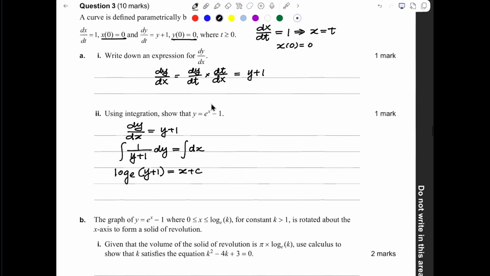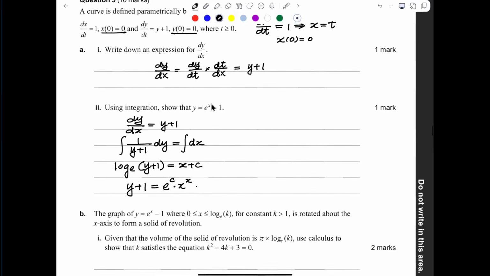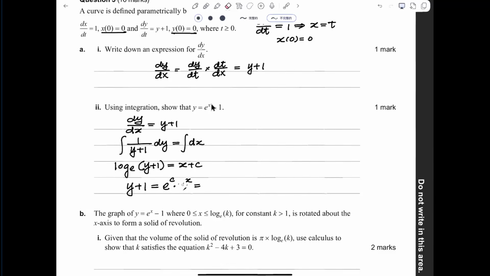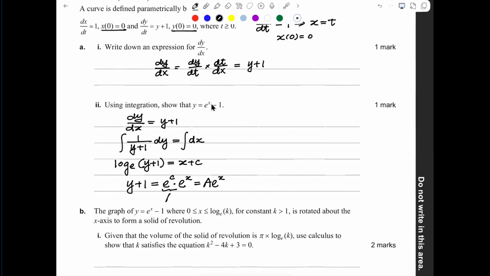However, based on the initial condition, y naught equals 0, when checking that, it's log e of 1, which is a positive argument anyway. So just get a positive version here, and rearranging, we will get y plus 1 equals e to the c times e to the x. And I will make this one the format A times e to the power x.